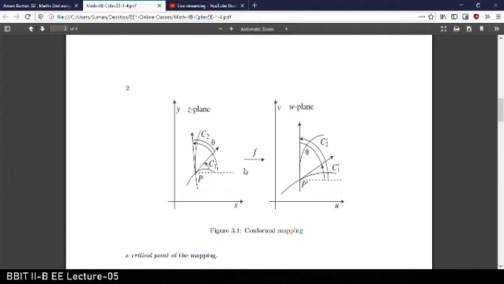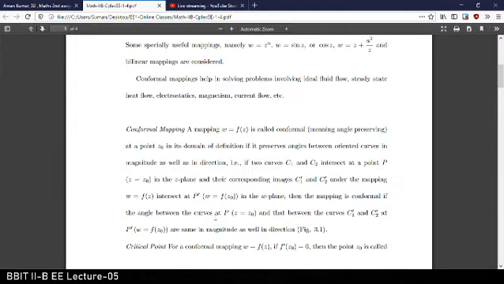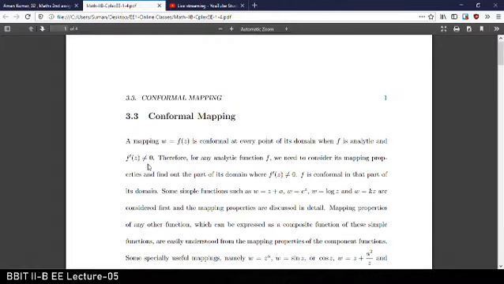If it is 0 for some values of z, those points will be called the critical points of the mapping. Means at that point the function is not conformal. So how to find it? Critical points: you take the derivative of the equation, f dash z.